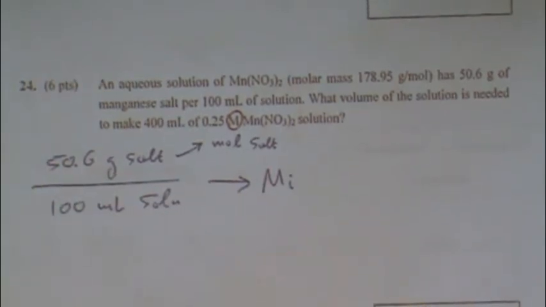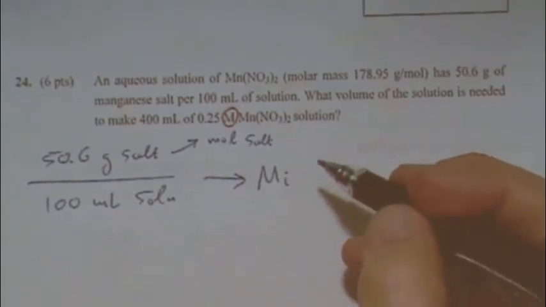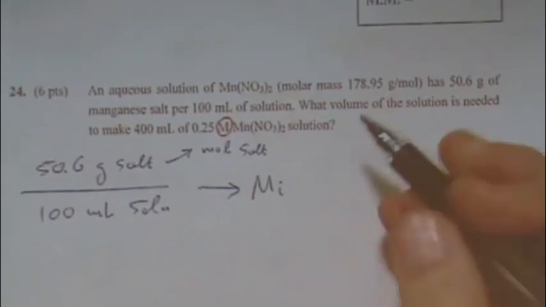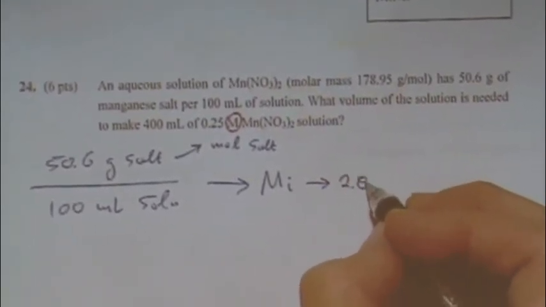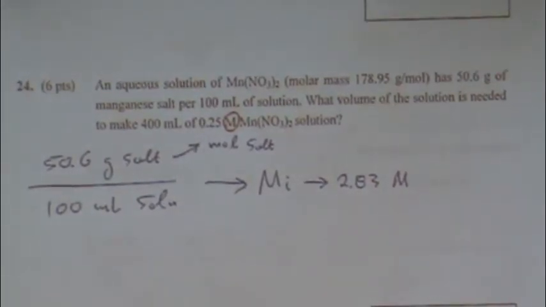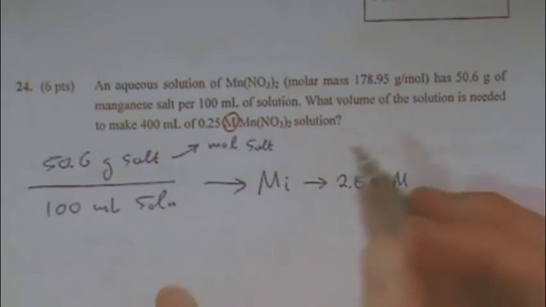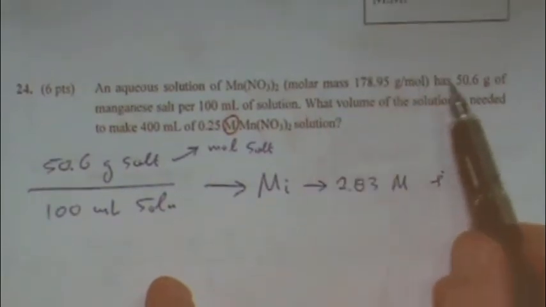If you do what we said here, how much does it come to be? It comes to 2.83 M in the calculations. That's the initial molarity. Then, from this solution, which has this molarity, and what volume? Initial volume. How much is it?